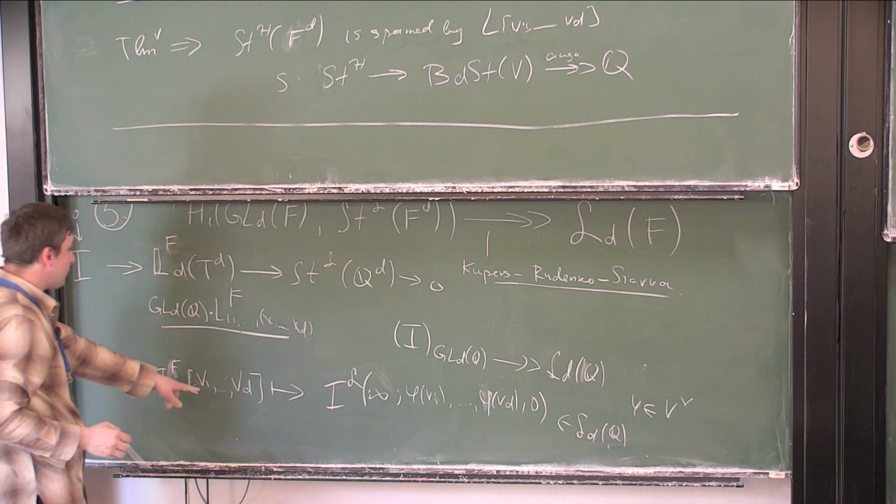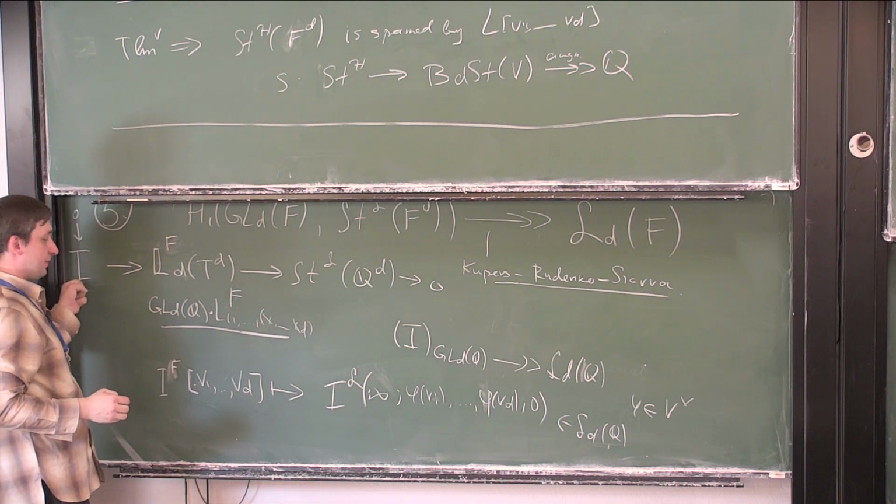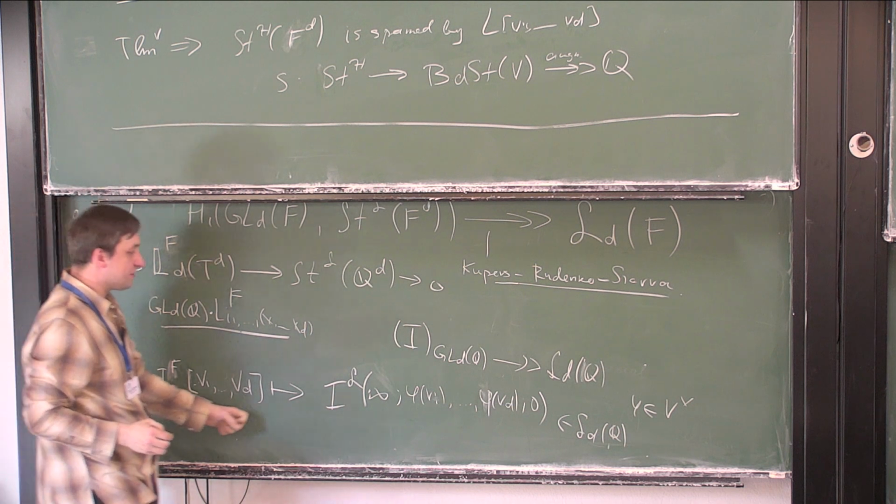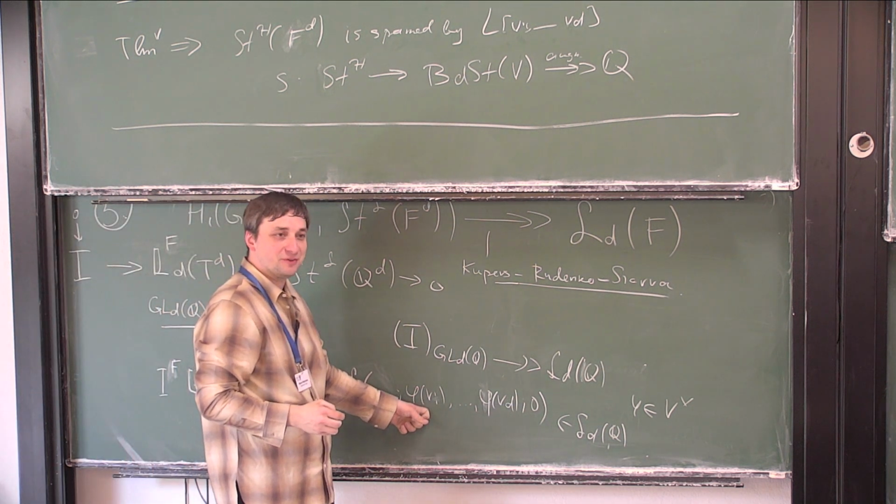What we want to prove is that if you take the image of any relation among these formal symbols, the resulting map will not depend on the choice of phi.